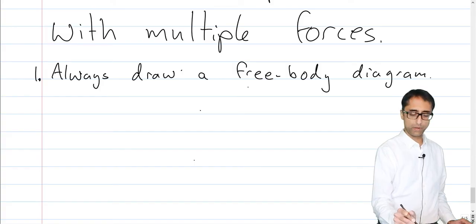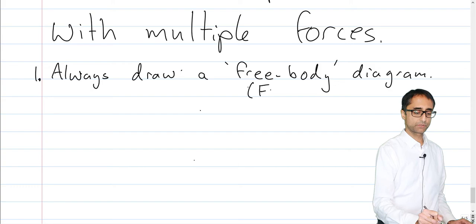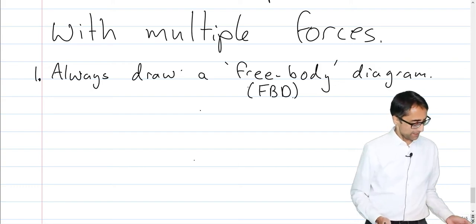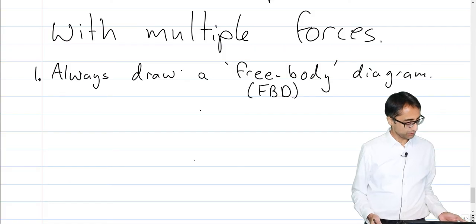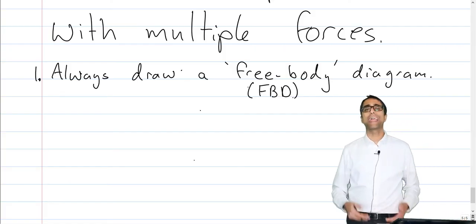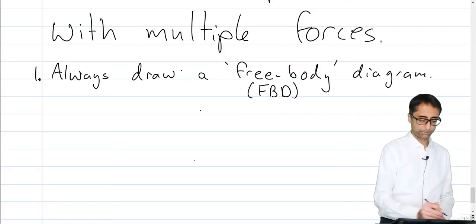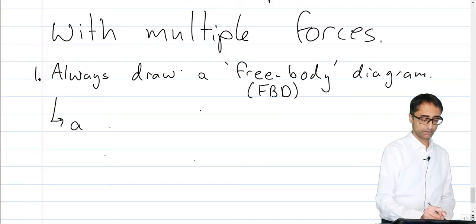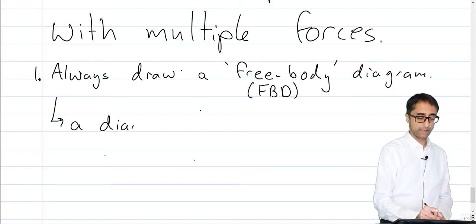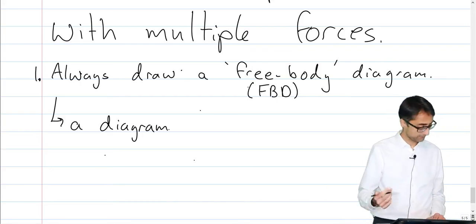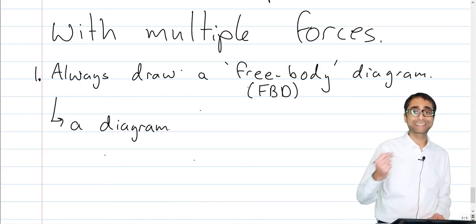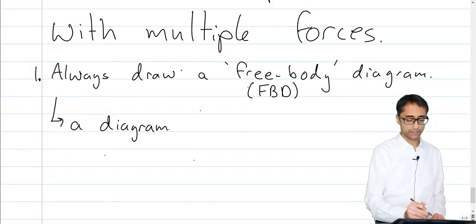All right, so what is a free body diagram? Sometimes you'll see free body diagram just written as FBD. It basically is a diagram that shows all important objects and the forces on them. And it can have multiple parts to it. You can consider it multiple diagrams. Each object gets its own diagram.